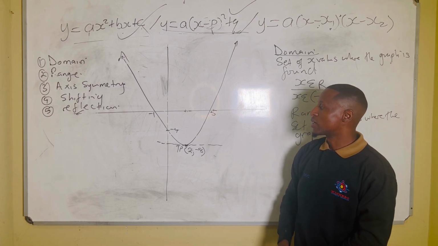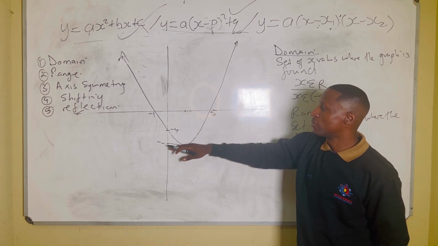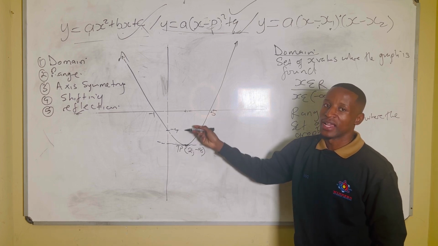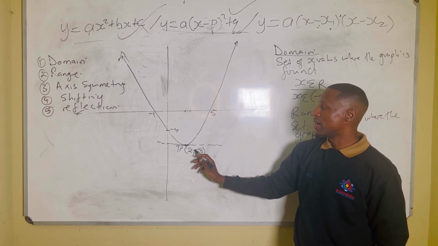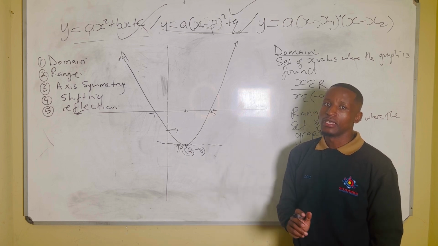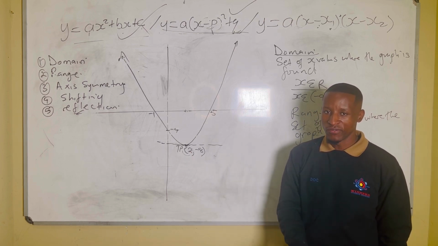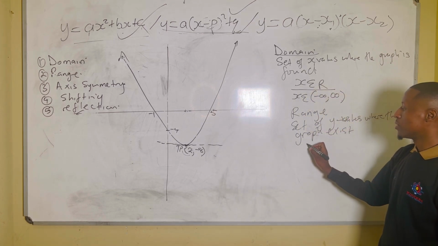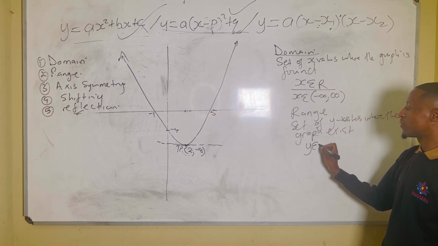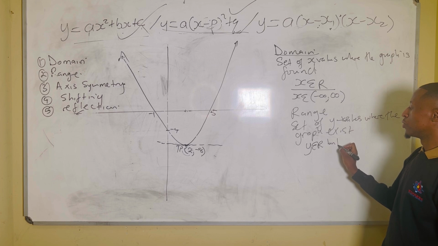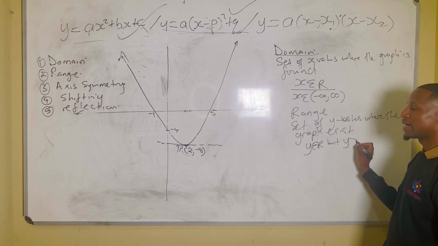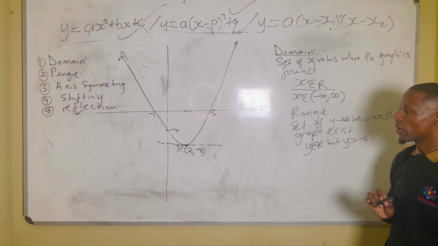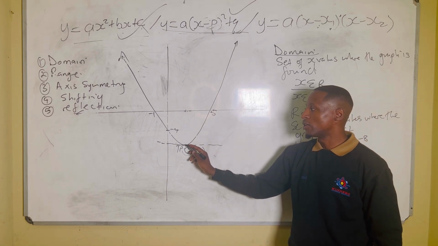So how do you write your answer? It means your graph will only be found starting from this y value going up. But remember, don't use the x value because you're dealing with a range. These are y values. So in this situation, our answer will be y element of real numbers, but your y must be greater than or equal to -8. Don't forget that we have an equal to here.